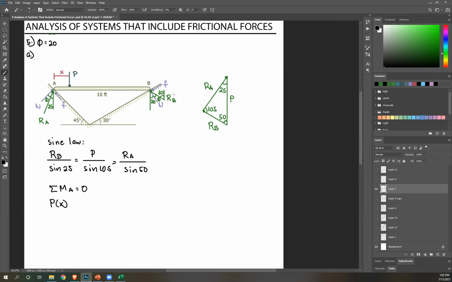What else do we have? We're going to use RB. And then here, the perpendicular distance of RB from A is this length. Again, I don't want to do that. So we're going to use Varignon's theorem, which is using the components. So these are the components.